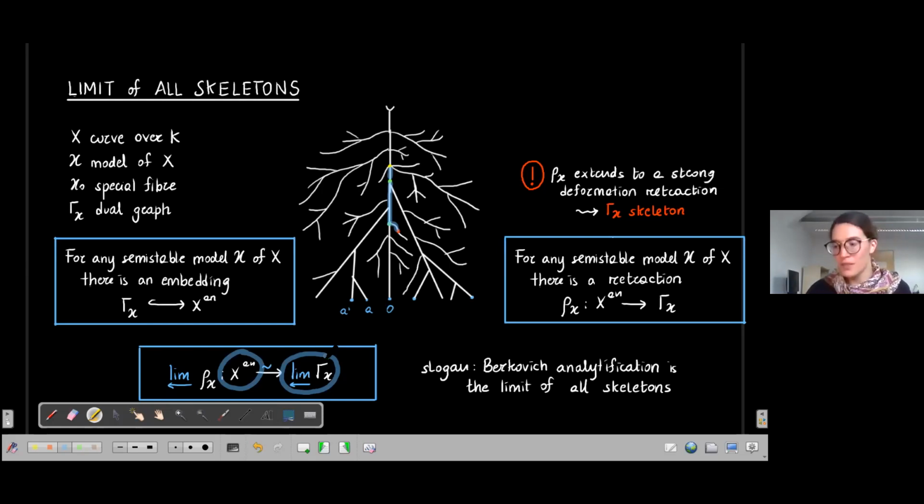So, for instance, let's take the example of elliptic curves. The Berkovich identification of elliptic curves is really nice, because elliptic curves, when they degenerate, have two ways to degenerate: good or bad reduction.